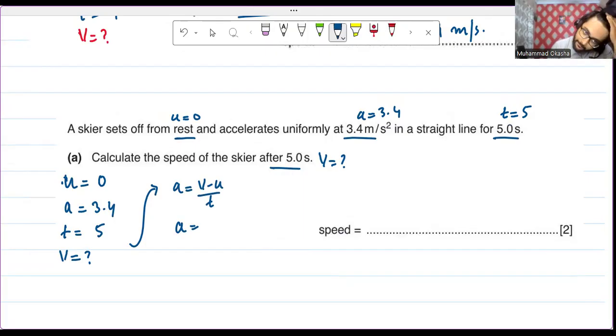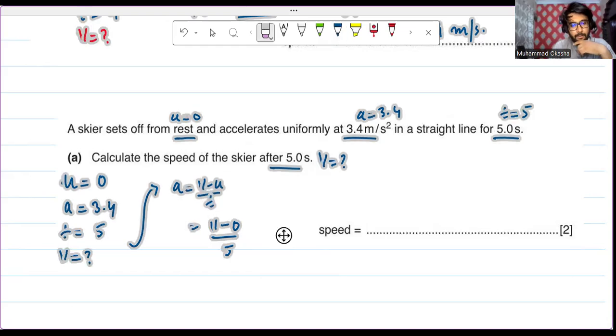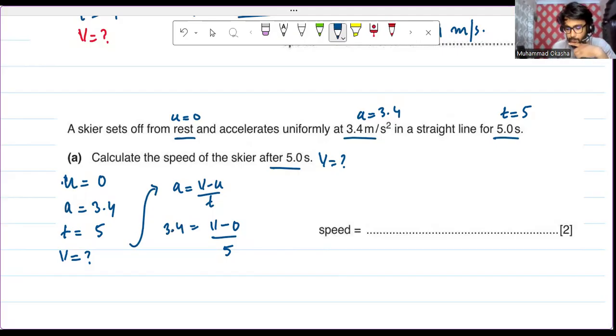In this case, we need to find out v. u is 0, time is 5, and acceleration in this case is 3.4. So 3.4 times 5 would be 17, right?